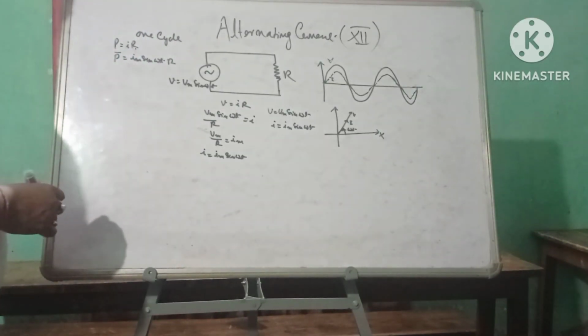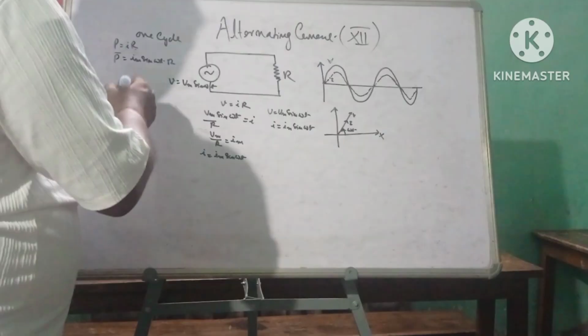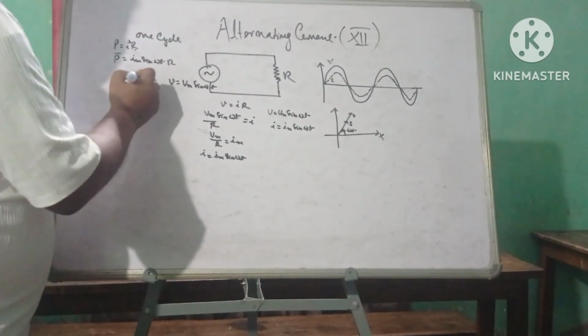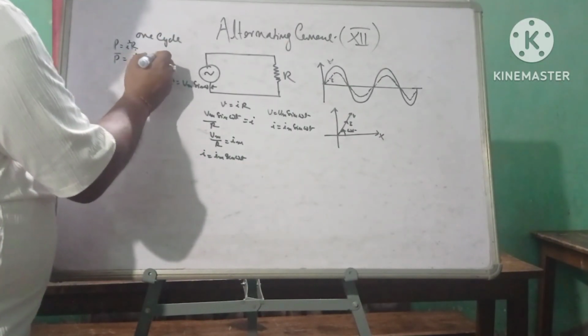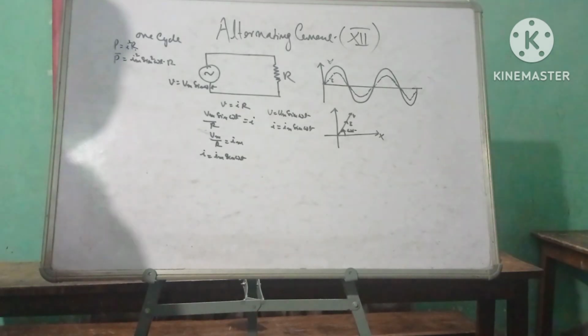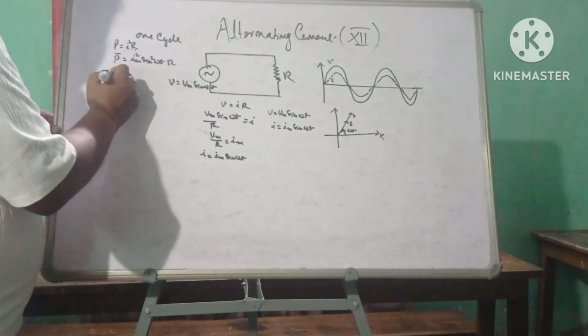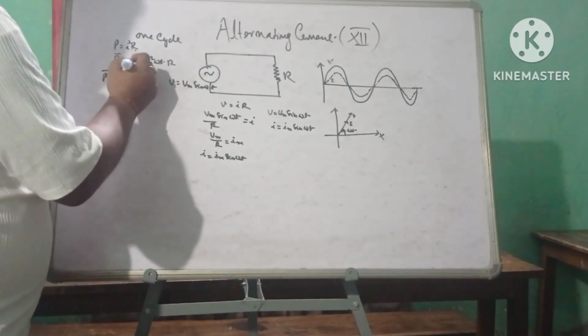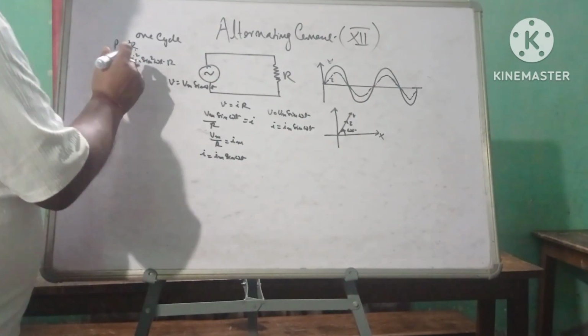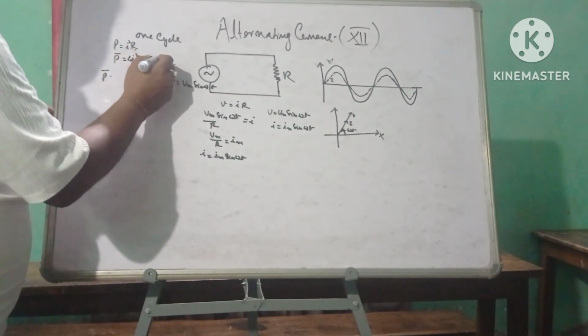So here your I square R is your average power. With a little bit of trigonometry, we are going to take the average of this.